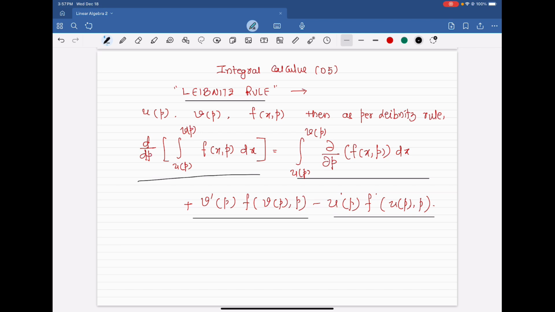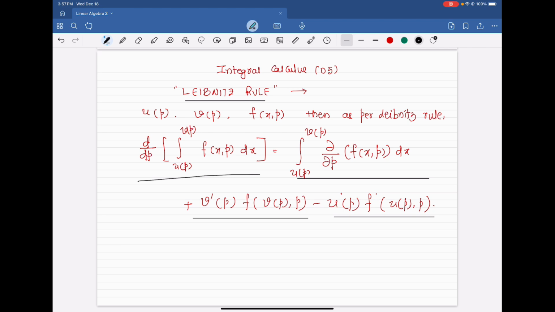These are all variables, not constants. We can even simplify this Leibniz rule into the form where limits are constants also; that I will show in the next step. This is the general form of the Leibniz rule.